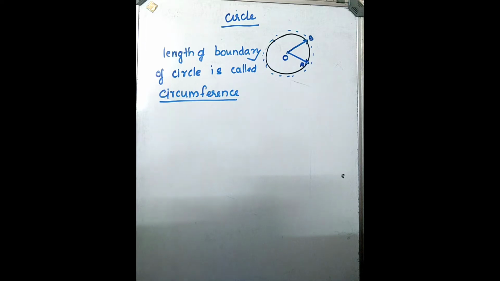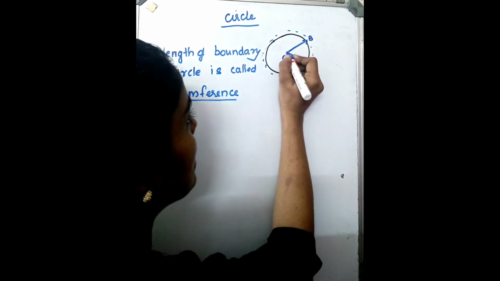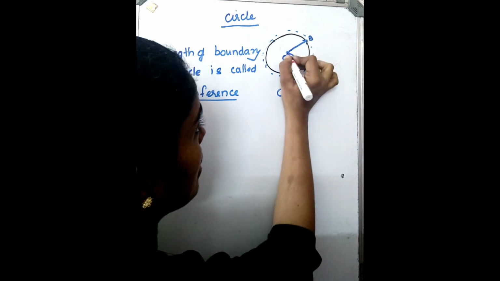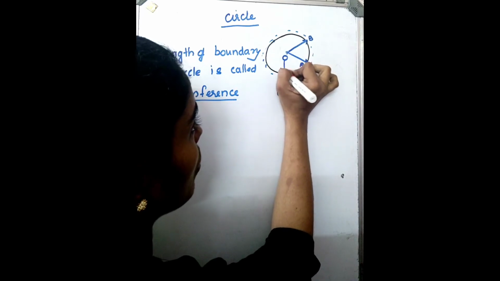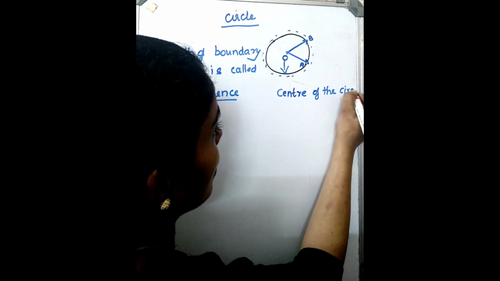All must be equal. So this fixed point is called the center of the circle.